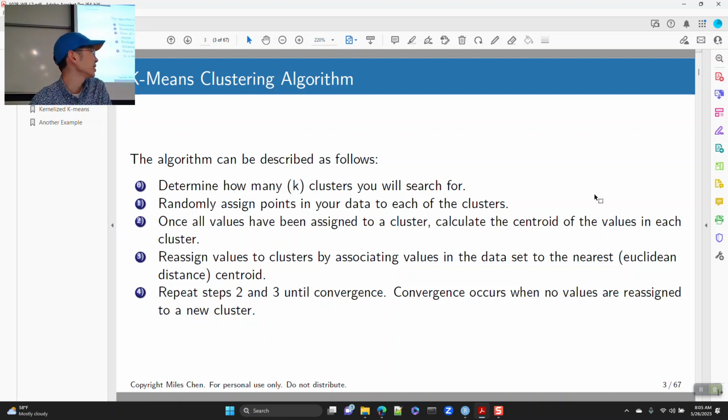If you're searching for too many clusters K, it might not converge. Each time you run it, it might converge to different solutions. And even the question of how many clusters K is like an impossibly difficult problem. And again, part of the problem with unsupervised learning is that there's not necessarily a right answer, which just makes things harder.